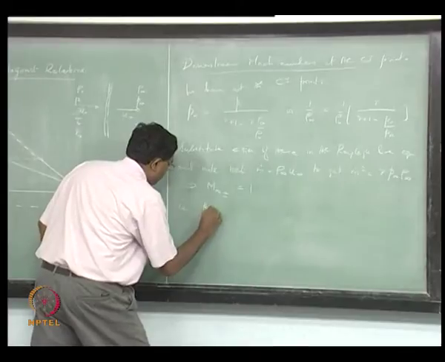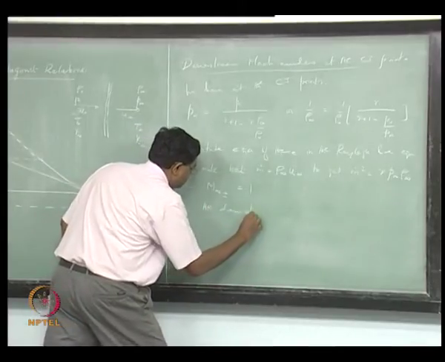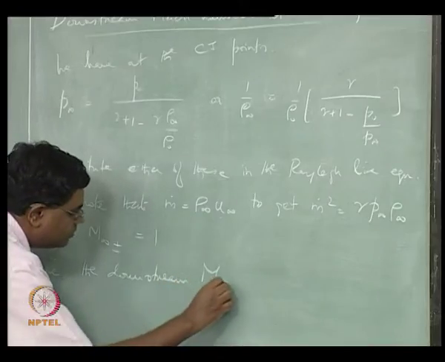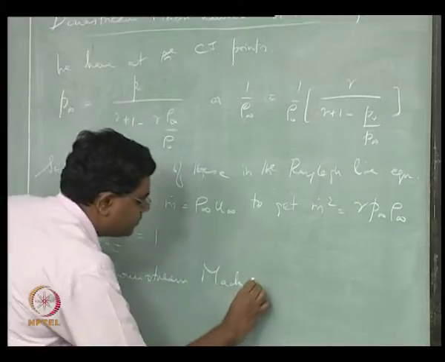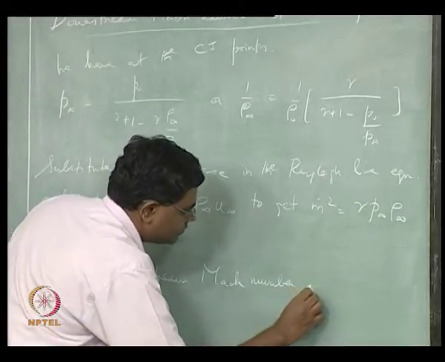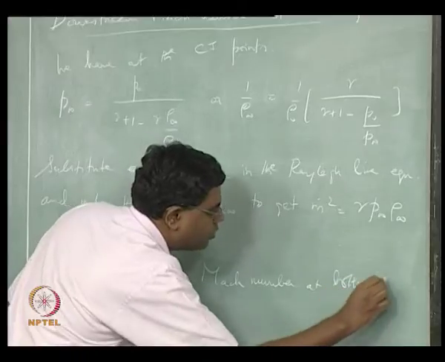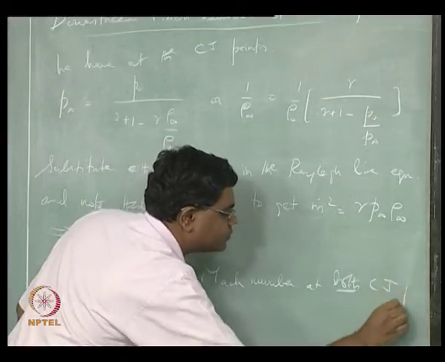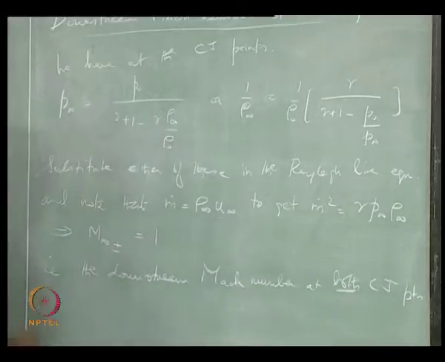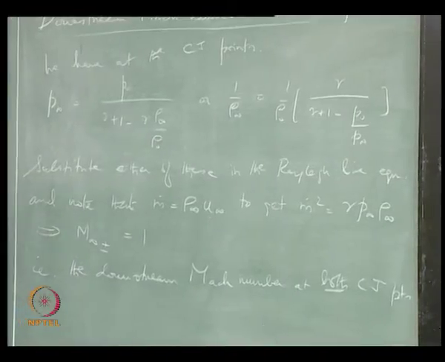That is to say, the downstream Mach number at both Cj points is unity.